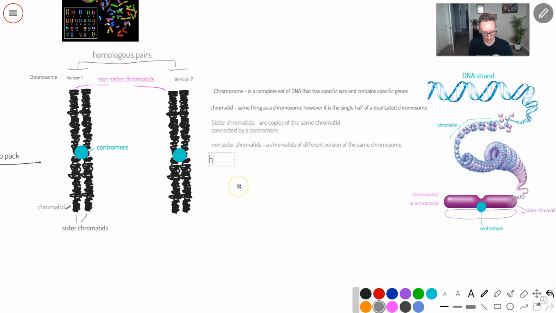Okay, homologous pairs. Homologous pairs are two versions of the same chromosome.